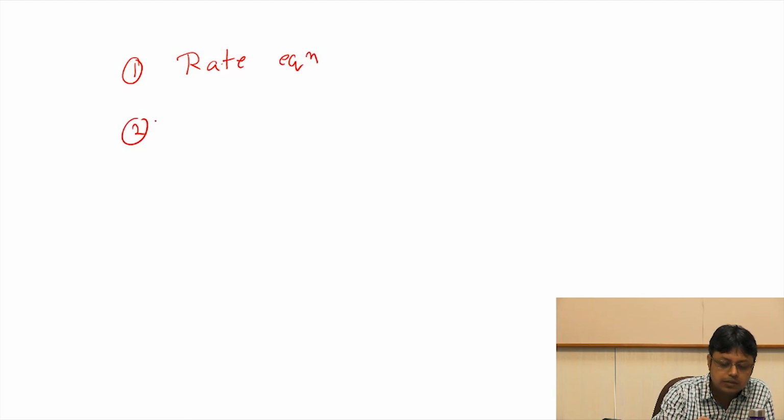So to summarize what we studied in this first part of chemical kinetics, we defined how we can express the rate equation. We also discussed how you can express the rate equation as a function of the concentrations, which we call the rate law. And then we integrated it.